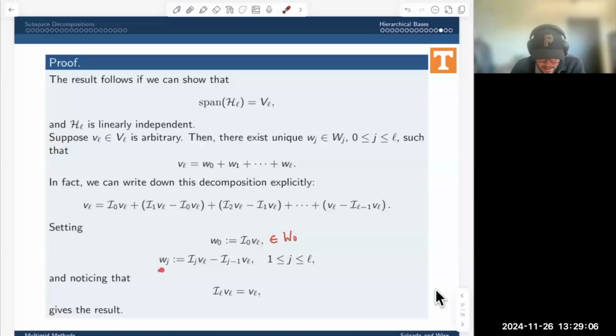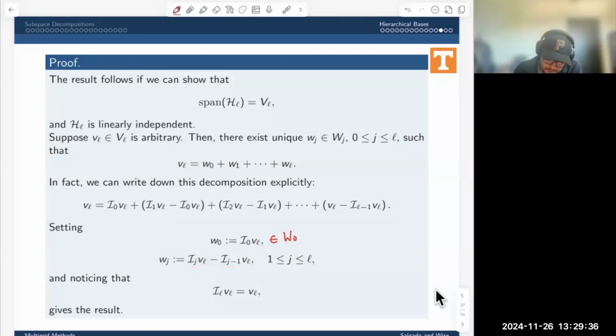Now, Wj is the difference between Ij VL and Ij minus 1 VL. This is precisely going to have the property that it's 0 at all of the nodal points in Nj minus 1.